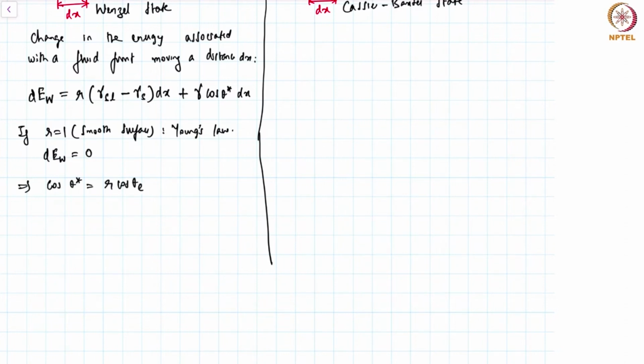This is exactly what we got from the variational approach as well. In other words, the wetting tendencies get amplified with roughening. A hydrophilic surface becomes more hydrophilic. A hydrophobic surface becomes more hydrophobic.